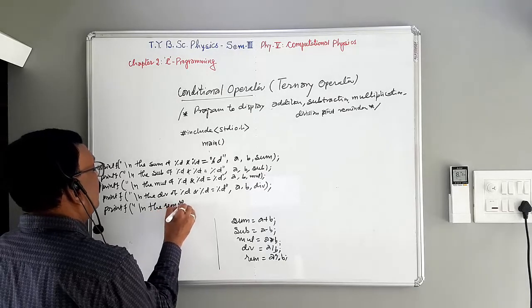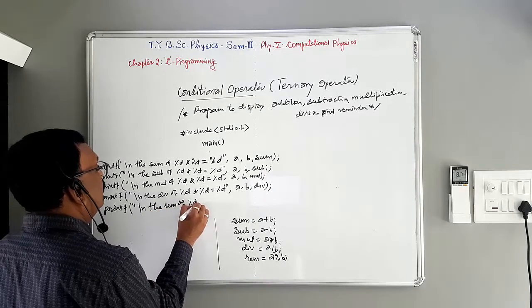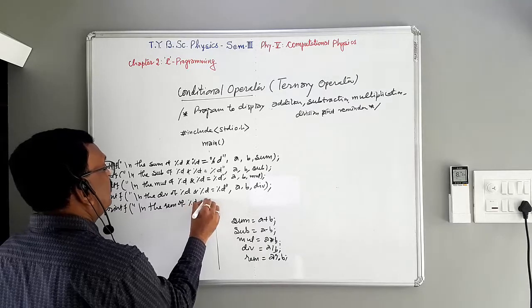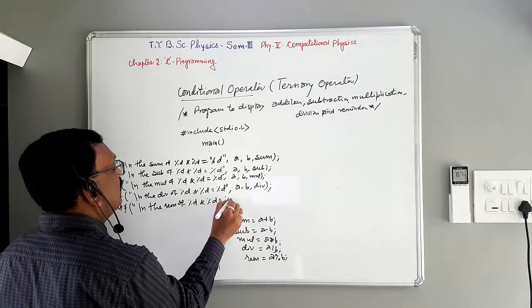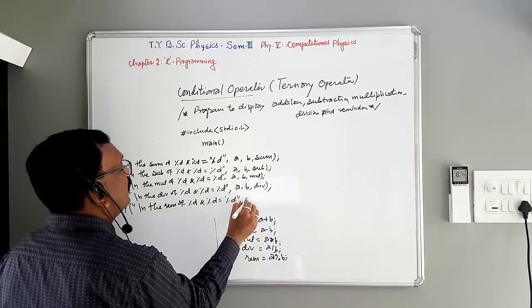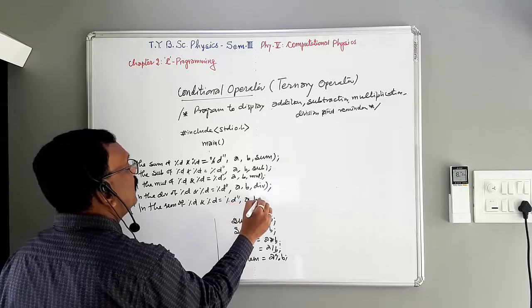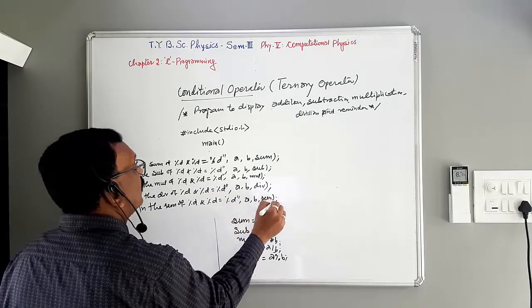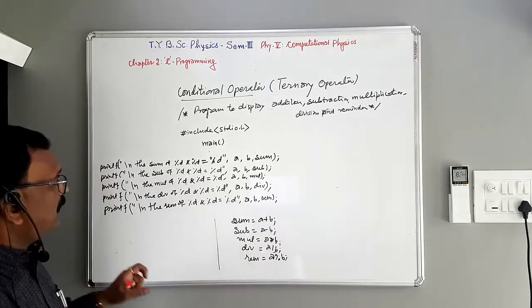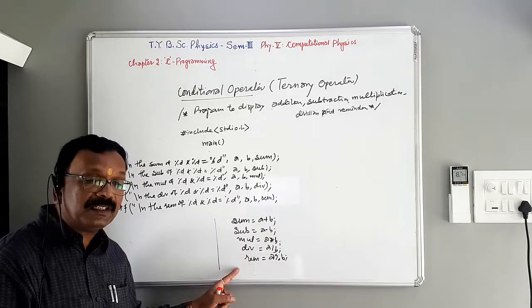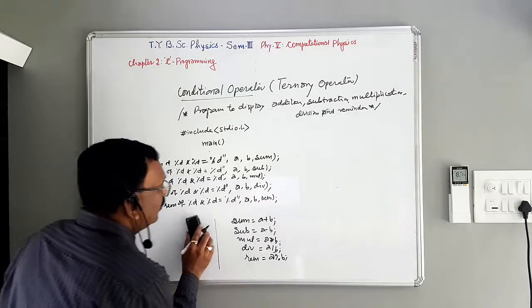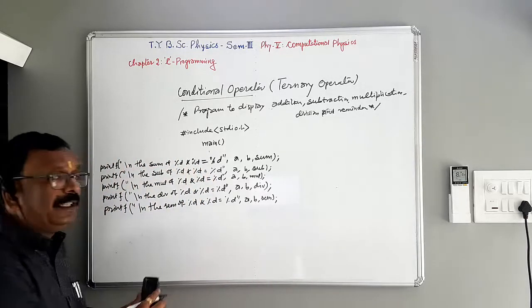The remainder of the first integer variable and the second integer variable is also integer type, A, B, remainder.